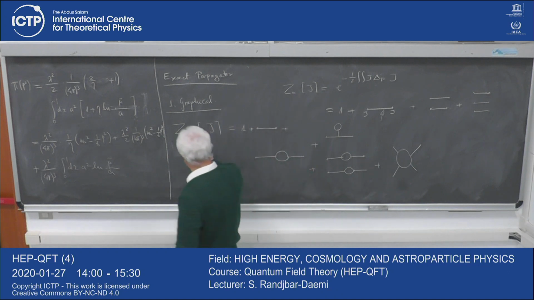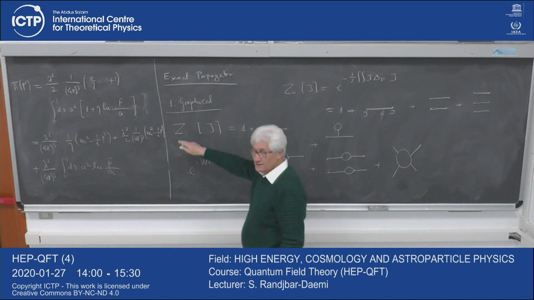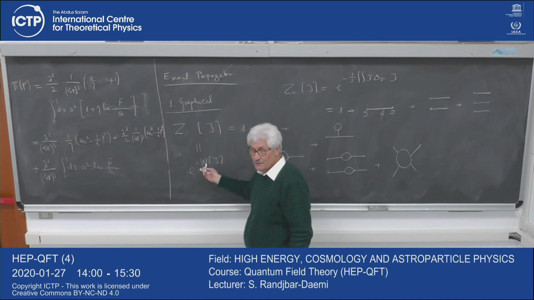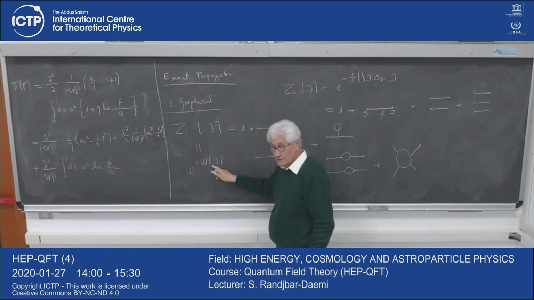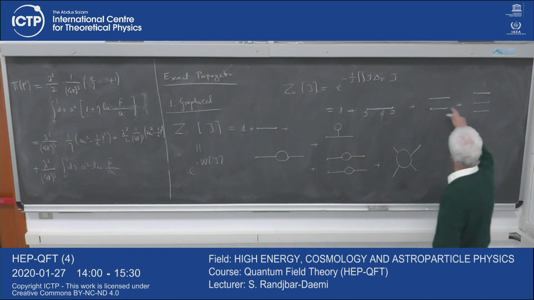The relation is that if you write this as i times some other functional of j, that means if you take the logarithm of Z and divide by i, then derivatives of this functional will produce only the connected graphs. That means if you expand this functional in powers of j, you will not see these ones, and other disconnected graphs.